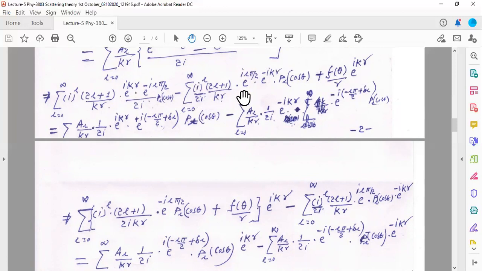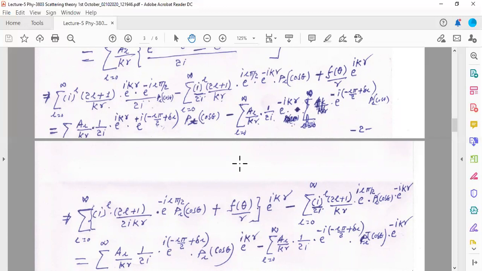You see the left hand side of this equation and the right hand side of this equation. What we will do is take the coefficient of e to the power of ikr on the left hand side, and we are also taking the coefficient of e to the power of ikr on the right hand side.